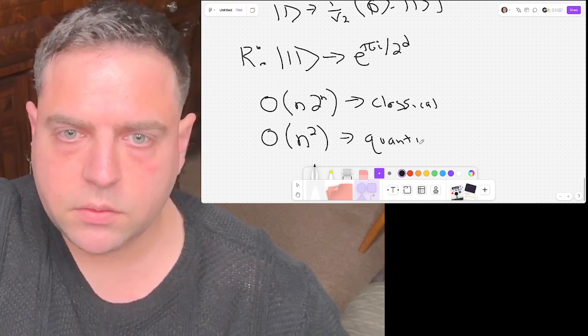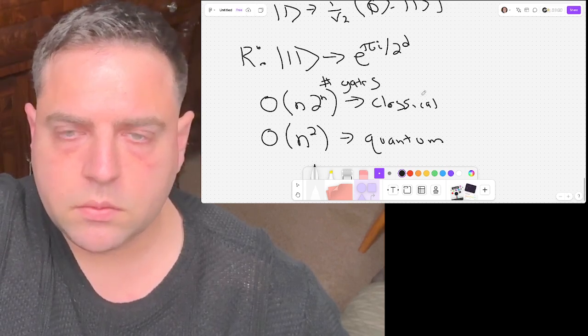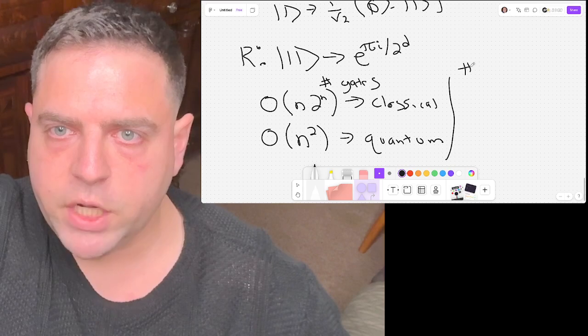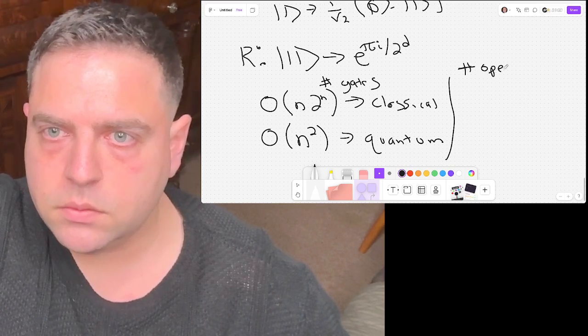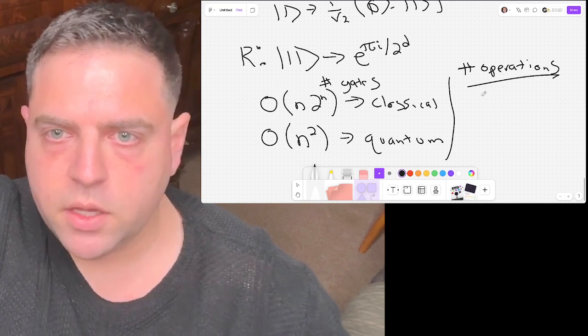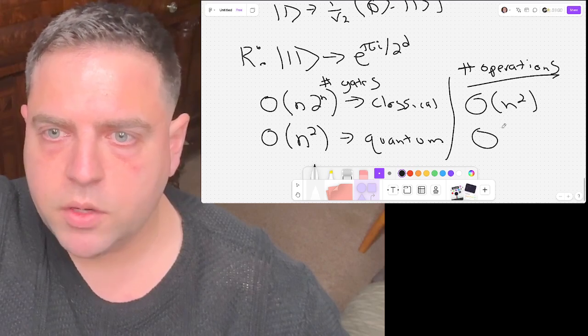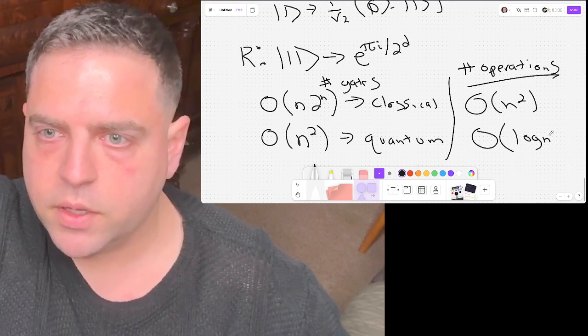That's very nice. In terms of number of operations, classically, it's O of n squared, and quantum, it's log n squared. That's a very nice reduction.